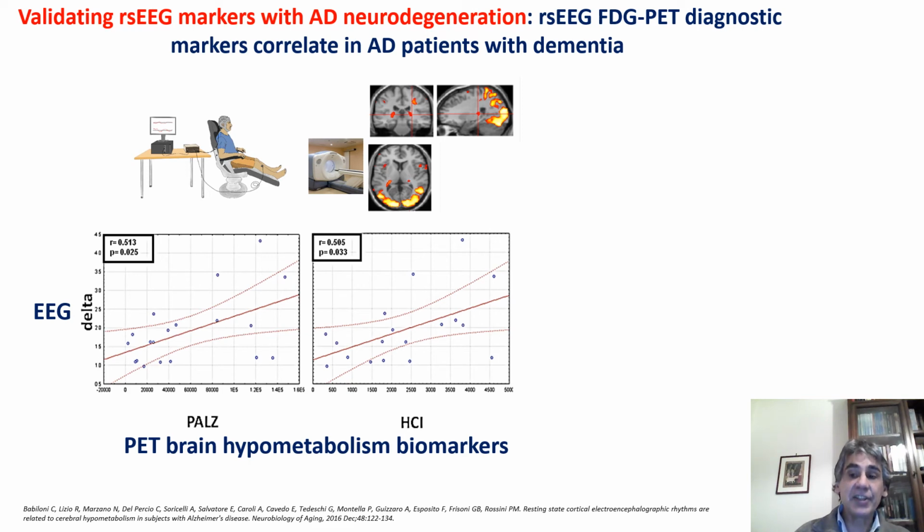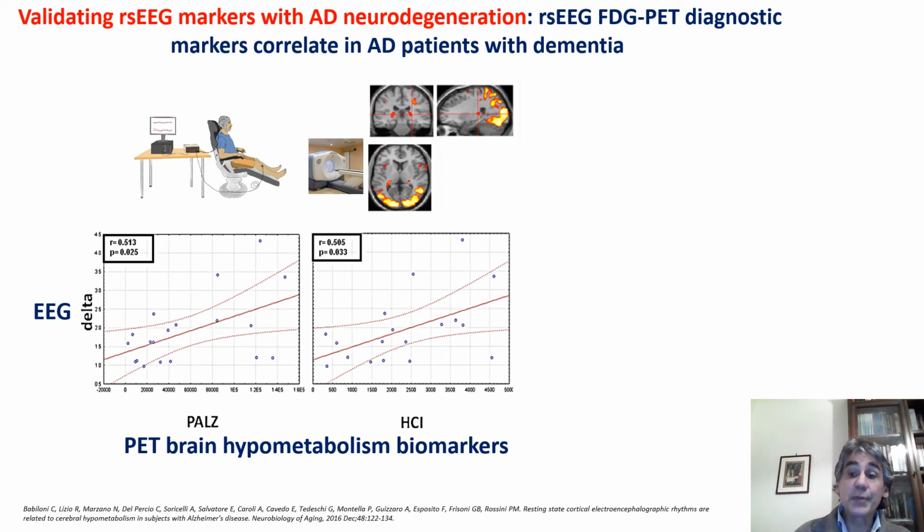Another validation of resting state EEG markers was performed by the correlation between global EEG source activity and brain hypometabolism biomarkers of positron emission tomography.